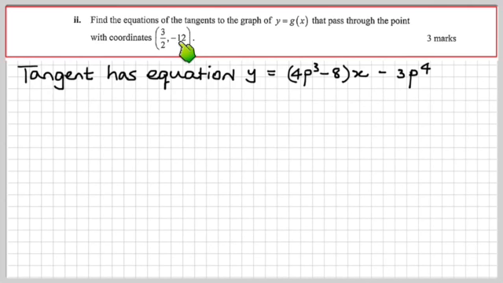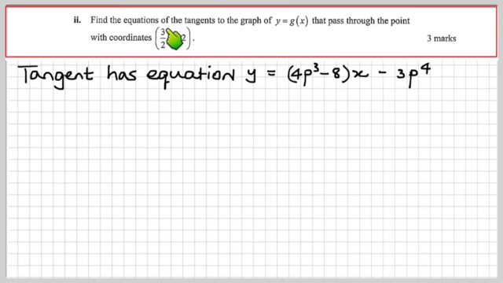Now they're asking us for the equation of the tangents to the graph of y equals g of x which pass through this point. So apparently there is more than one tangent which pass through this value of x and this value of y. Now hark back to our equation for the tangent here. Look at this.